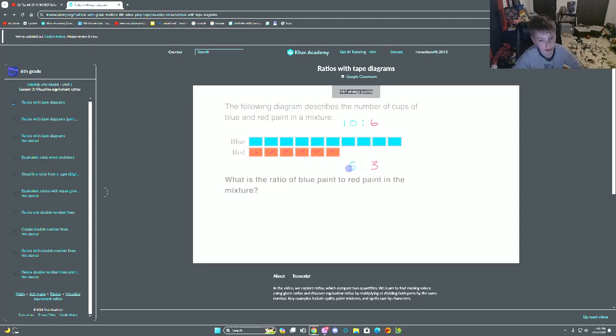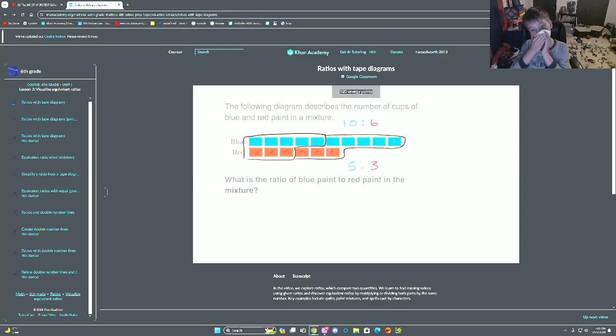Or you could say for every 5 cups of blue paint, you have 3 cups of red paint in our mixture. You can see that here. So 3 cups of red paint, and 1, 2, 3, 4, 5 cups of blue paint. And you see that again, right over here.